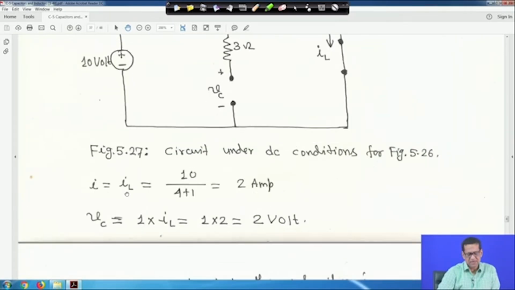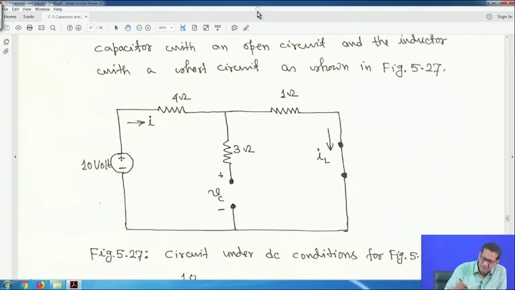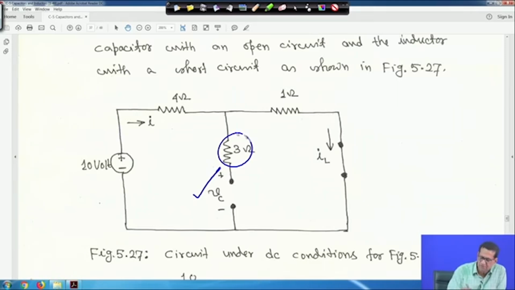So, I is equal to IL is equal to 10 upon 4 plus 1, which is 2 ampere, and Vc is the voltage across the capacitor, this is voltage Vc, no current is flowing here. So, I can write in a better way, this is actually Vc, and the current IL is flowing through this.